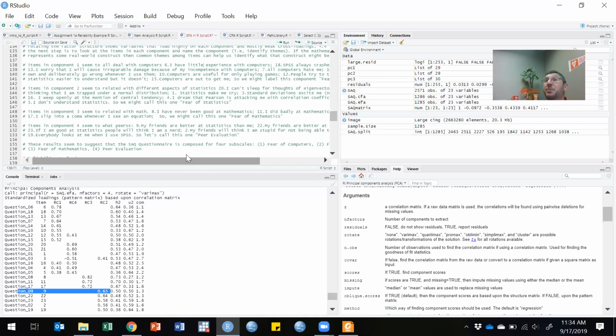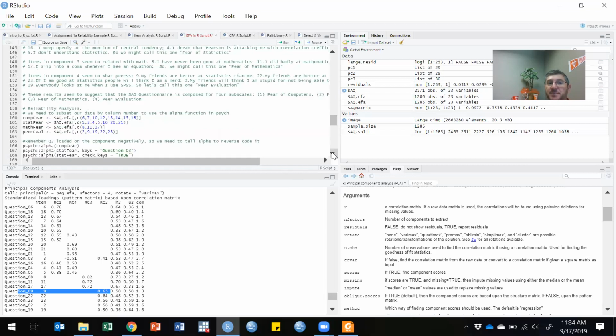Then maybe we did do a good job of measuring that. These results seem to suggest that this questionnaire is composed of these 4 subscales: fear of computers, fear of statistics, fear of math, and what our peers think of us, peer evaluation.